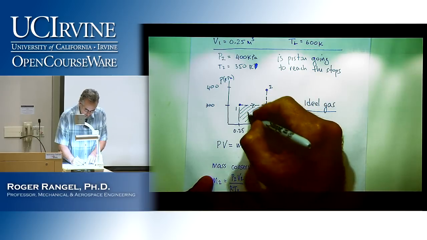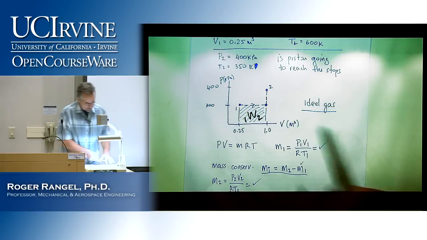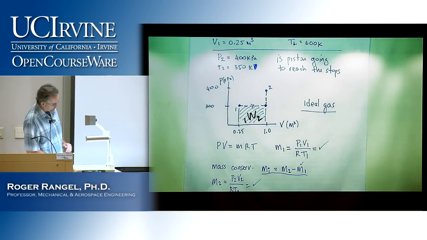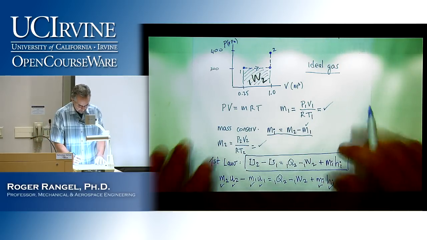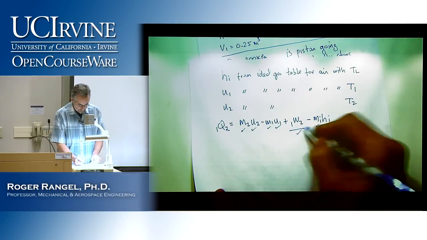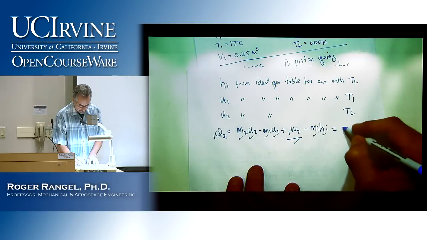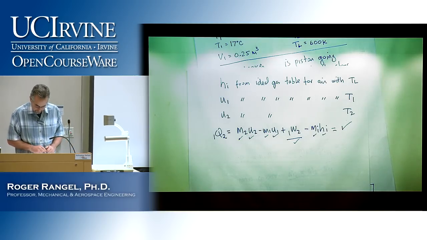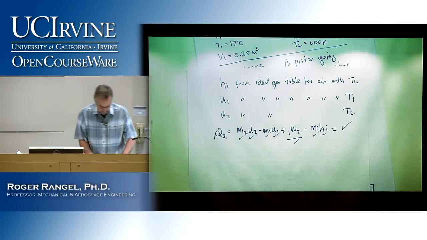So this is W12. So that's easy. It's 300 kilopascals times 0.75 meters. So that's now easy to get. I can check that off, and now I can find the Q12. So let's put a check mark here. You can do the numbers on your own and finish the problem that way.